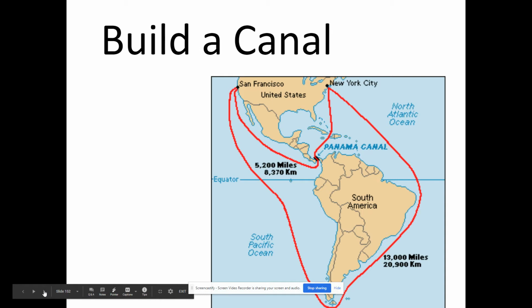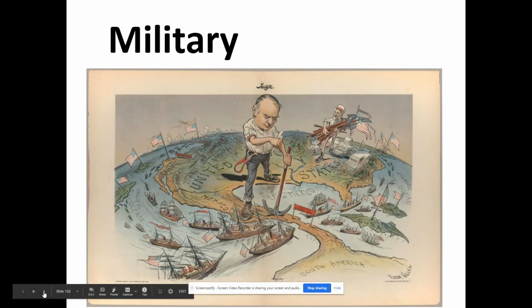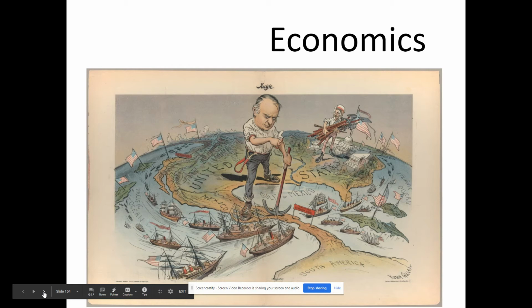But if we could get permission to build a canal, now we could cut through, and that's going to double our strength, particularly economically in trying to get to Asia. However, Spain, France, and any of the powers of Central America weren't letting us build a canal. But if we had some military force in the area by defeating Spain and taking over Cuba, that would give us some influence to maybe do it. And militarily speaking, we wanted our military to be able to go from our east coast to west coast to get over to Asia. That would be important.